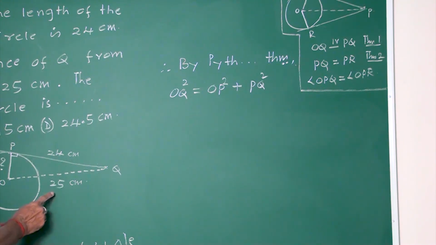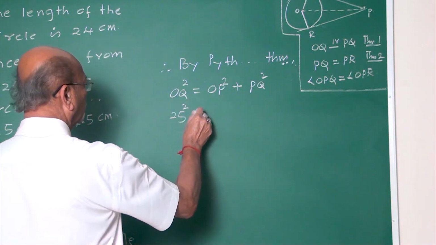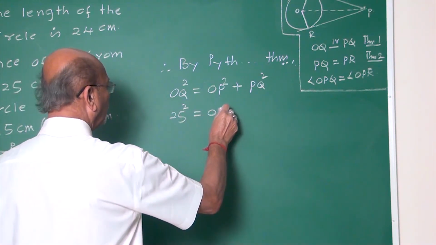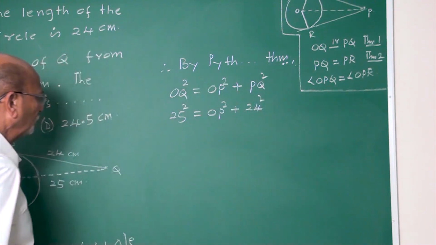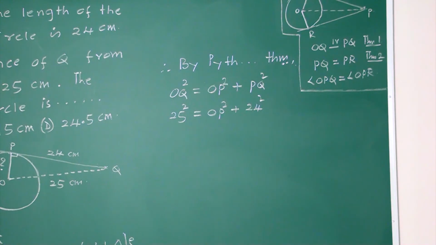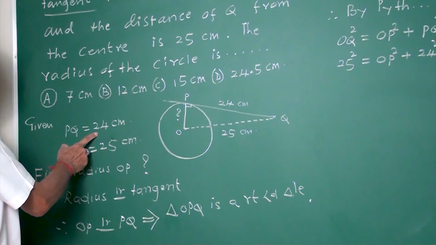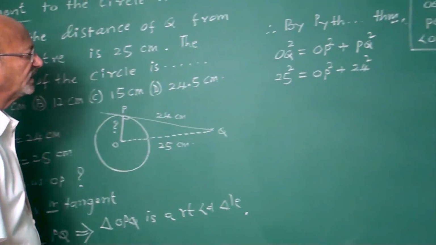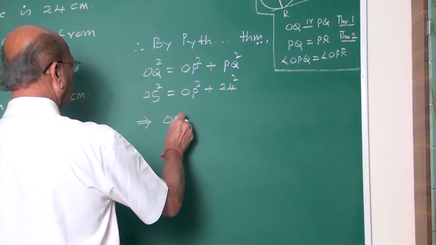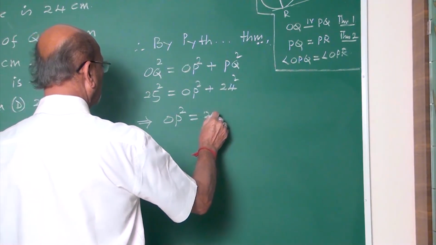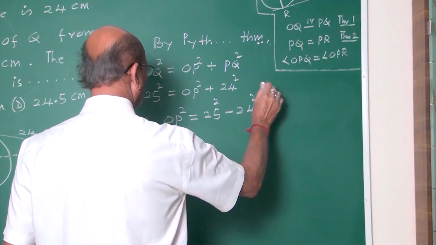OQ square is 25 whole square, equal to OP square, which we want to find, plus PQ square, which is 24 the whole square. This is OQ 25, PQ is 24. Then from this, OP square equal to 25 square minus 24 square.